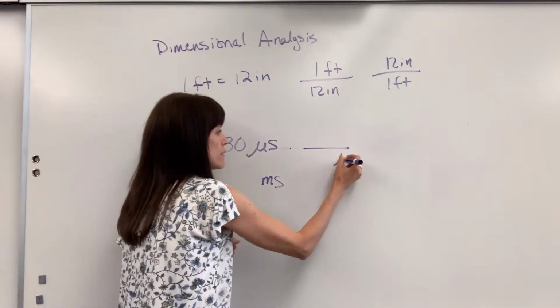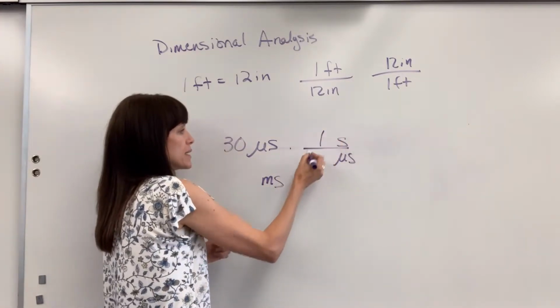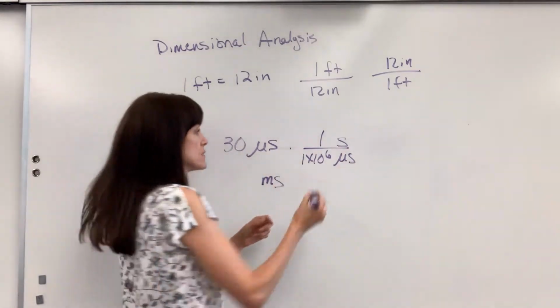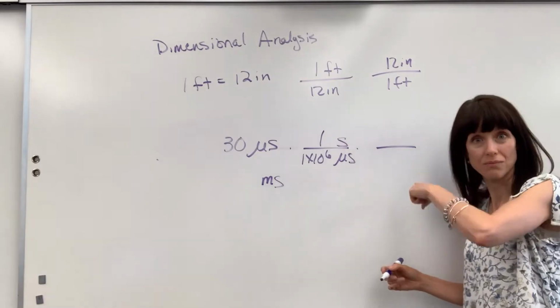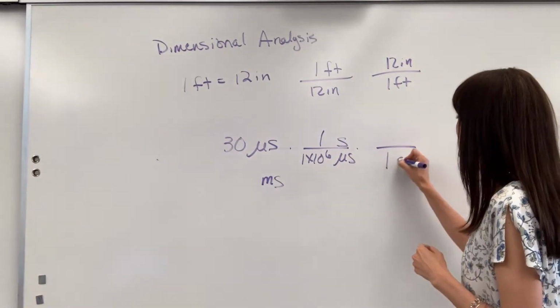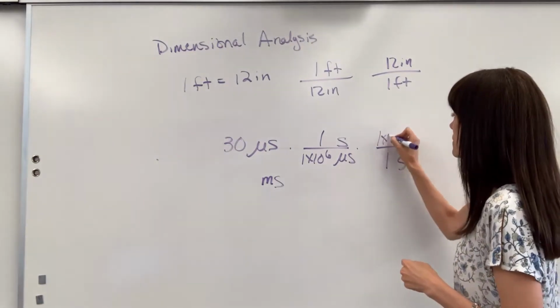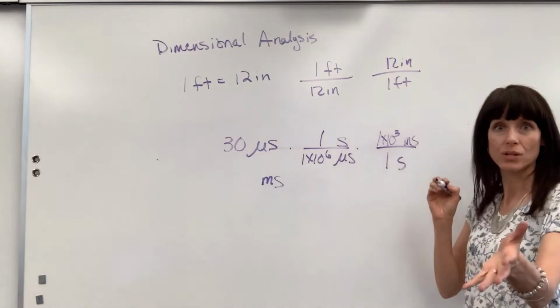I'm going to get rid of the microseconds, put seconds. I know that 1 second contains 1 times 10 to the 6 microseconds. And now I can go from microseconds to milliseconds. 1 second, and we put milliseconds up top, contains 1 times 10 to the 3 milliseconds. Look at the units on this.